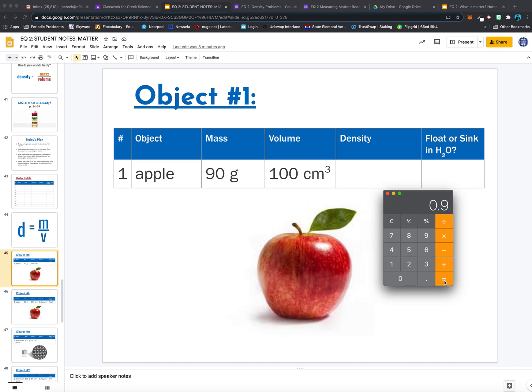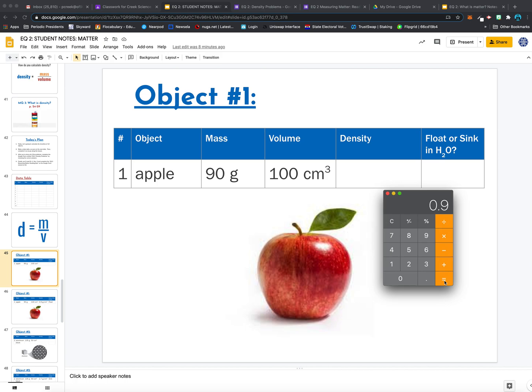And for all of these answers, we're going to round to the nearest tenth. So we're rounding to the first decimal place, just like we did last class with those first 3 problems of the cubes. So we don't need to round this one because it's already there, 0.9. And our unit is grams per centimeter cubed, or grams per cubic centimeter.